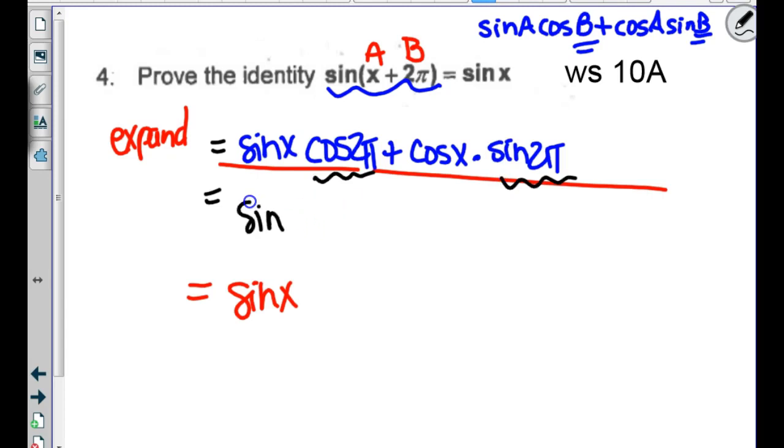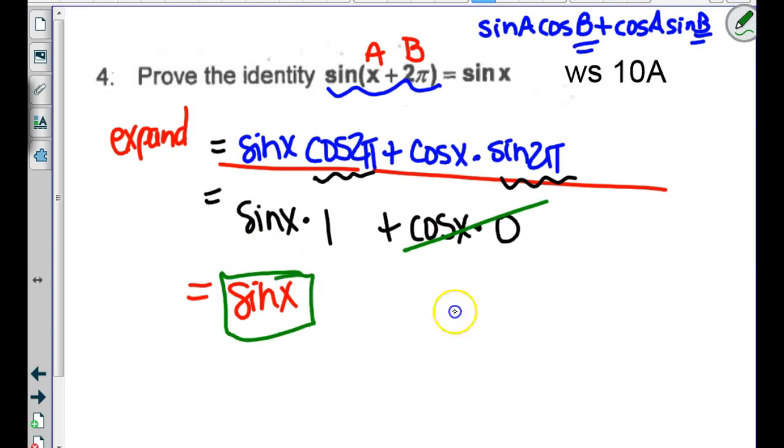Okay, so the sine of x times, what is the cosine of 2 pi? And what is the sine at 2 pi? So then what happens? That's just 0, and 1 times the sine of x is just sine of x. Okay? Yes, this was a prove. Remember, it said up here, prove.